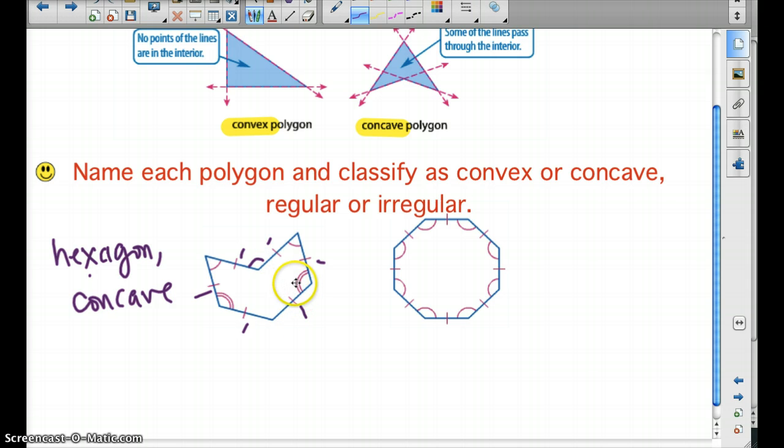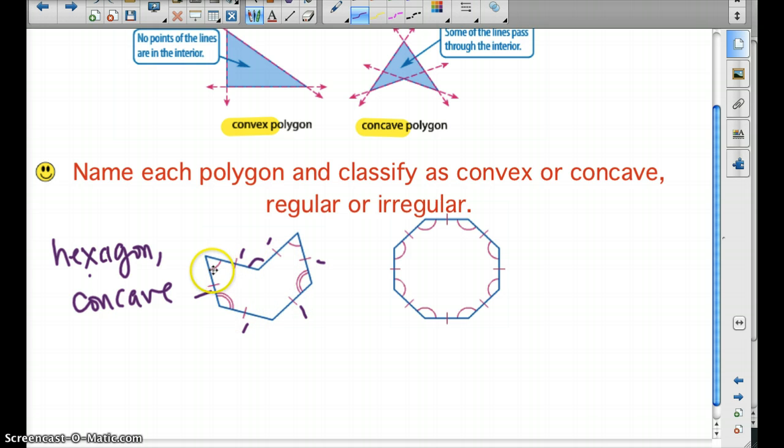And okay, so regular or irregular. Regular means that all sides are congruent and all angles are congruent. Irregular means that that is not true. So all angles have to be congruent and all sides have to be congruent. So you might want to write that down if you need to remember that. So are all the angles congruent? We know all the sides are because they each have their little dashes.